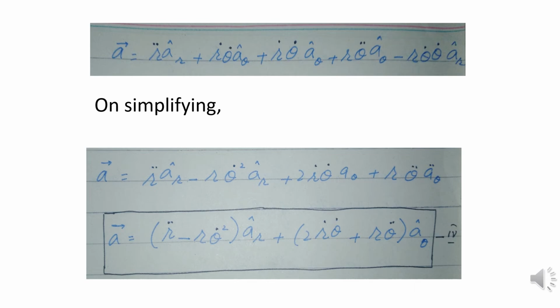Now taking the common, the acceleration vector is equal to, in bracket, r double dot minus r theta dot square, closing the bracket, ar unit vector, plus in bracket 2r dot theta dot plus r theta double dot, bracket close, a theta cap. Let's call this equation number 4.